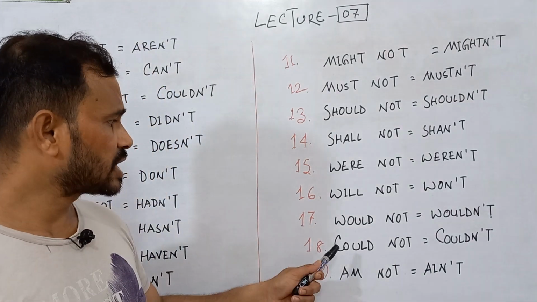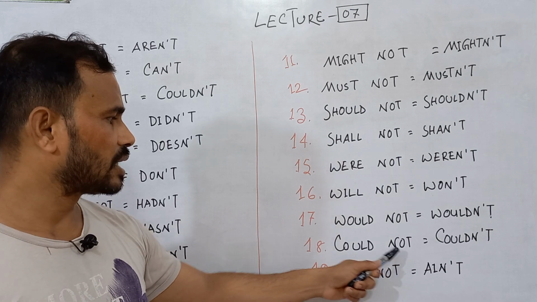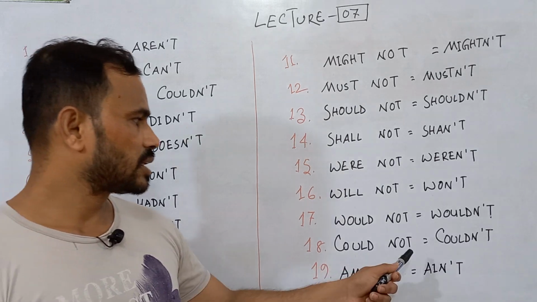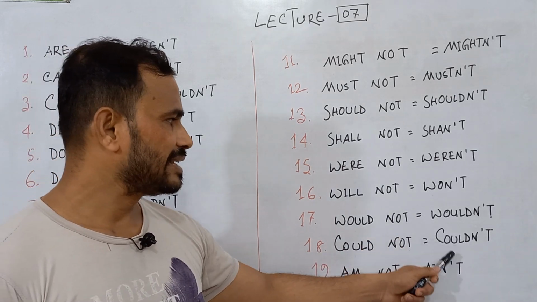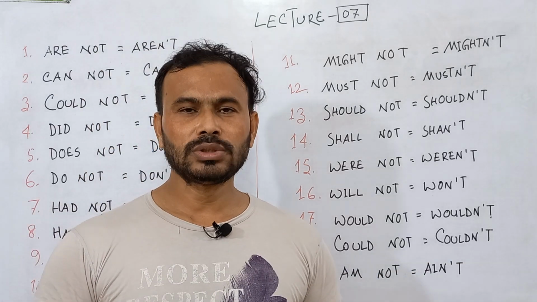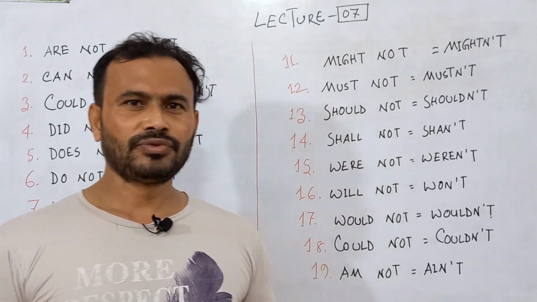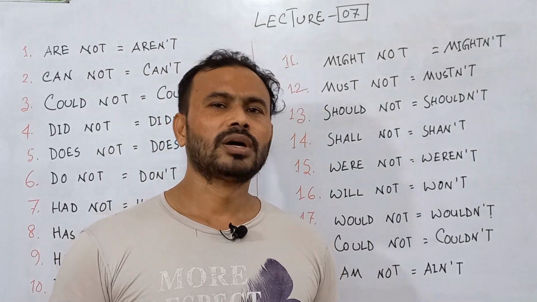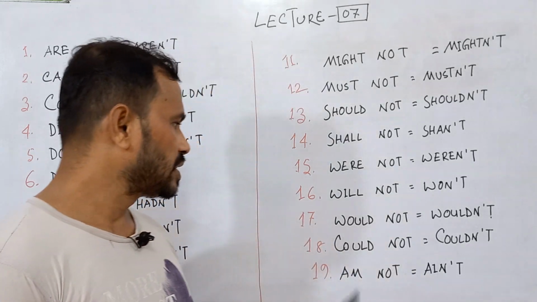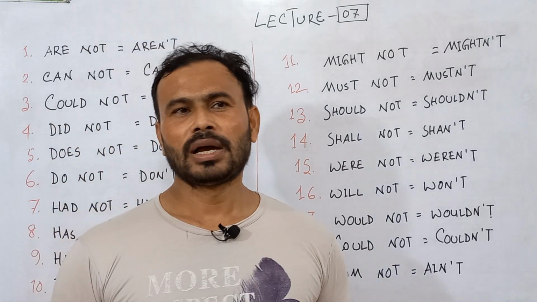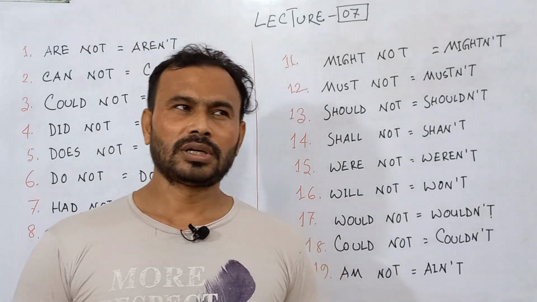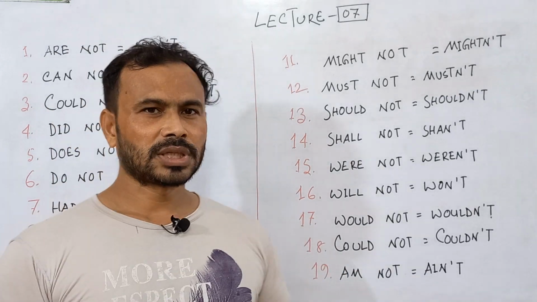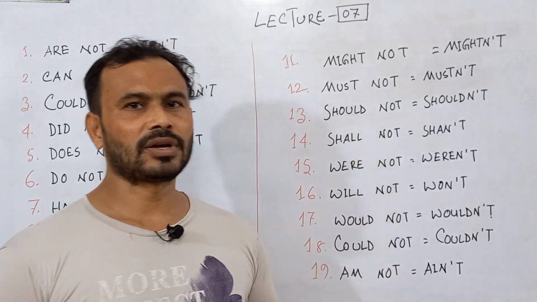So friends, my next phrase is could not, and the contracted form of could not is couldn't. If we want to make one sentence using could not, we can say: I could not complete the project a few days ago.